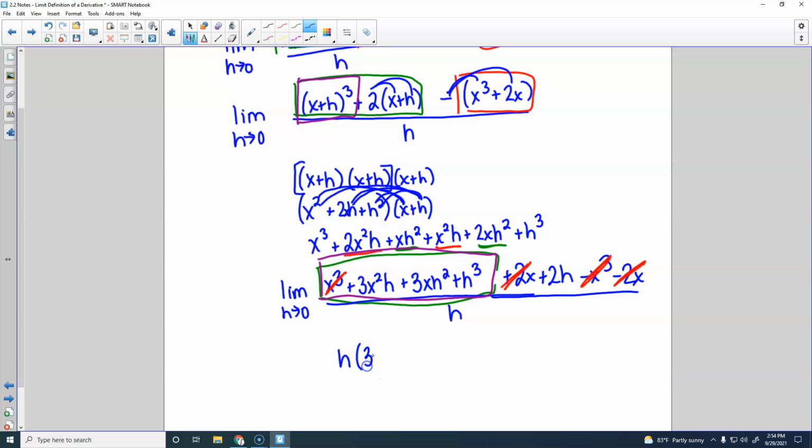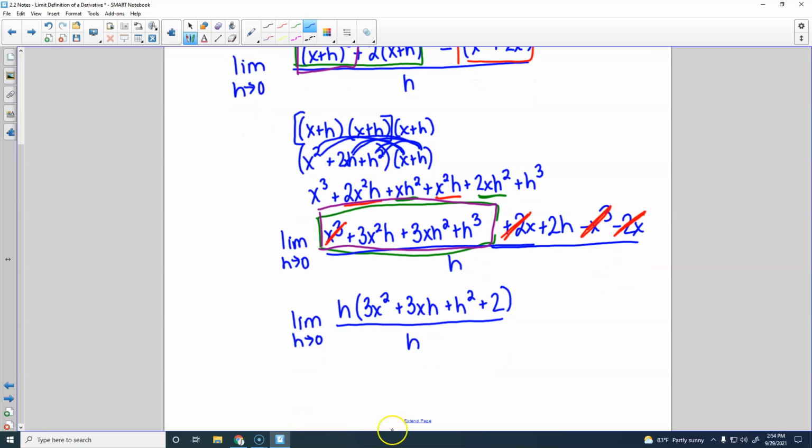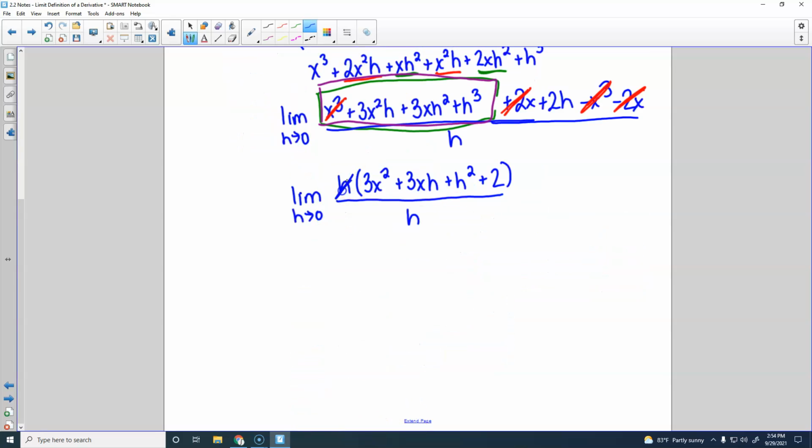So I got 3x squared plus 3xh plus h squared plus 2, all over h. Limit as h approaches 0. So h's cancel.